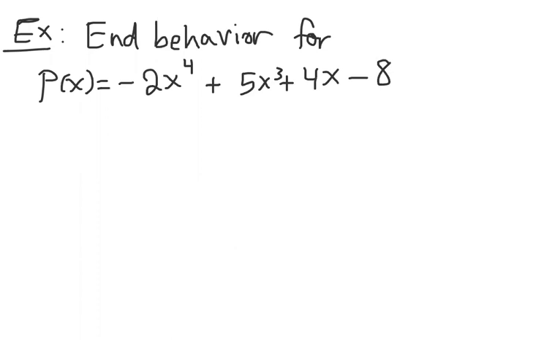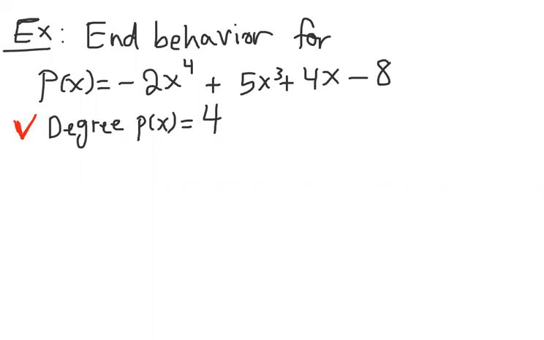So the first thing we have to know, like I said before, is the degree. What is the degree for this polynomial? Kate, what's the degree? It's 4. Perfect. The degree for this polynomial is 4. Why? Because this is the highest power.